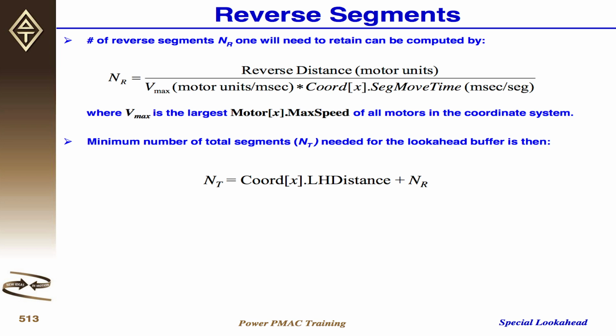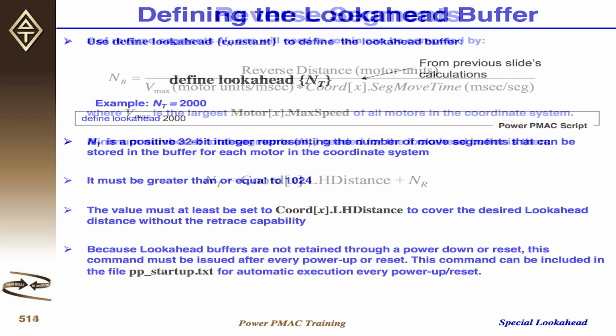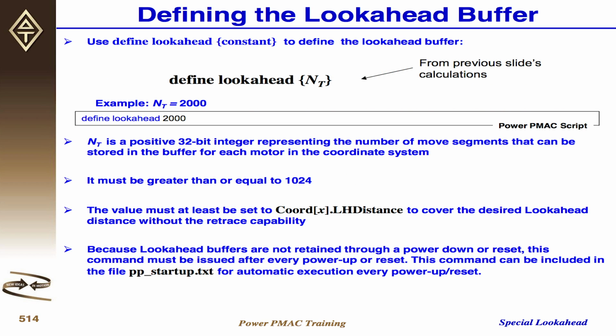So once you find the total number of segments, now you can define the lookahead buffer. It's very easy. You just issue the command define lookahead and the number of the segments you want to size. For example, if it's 2000, you say define lookahead 2000 and download to the controller.